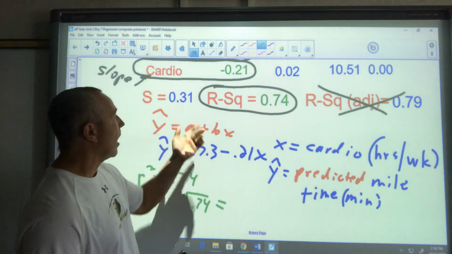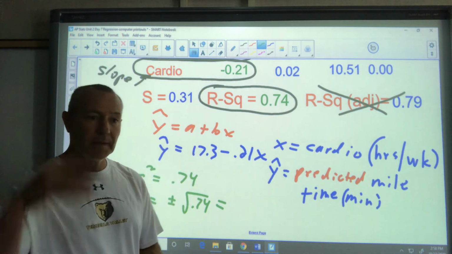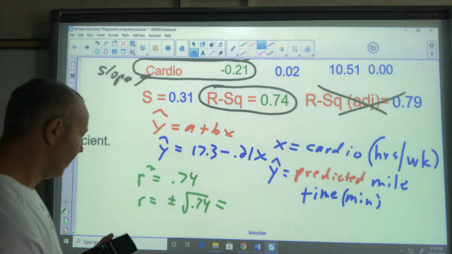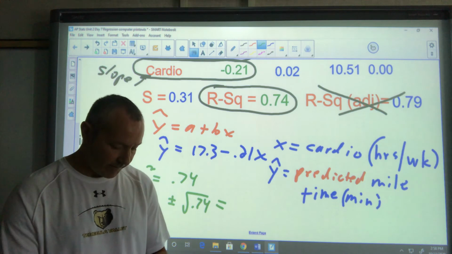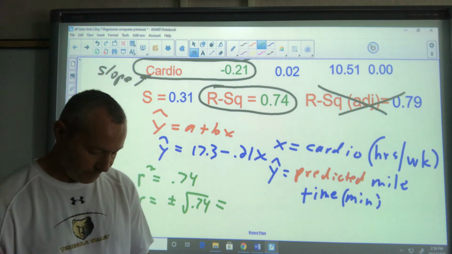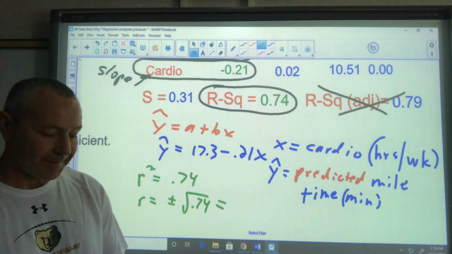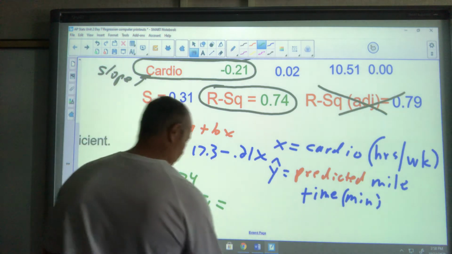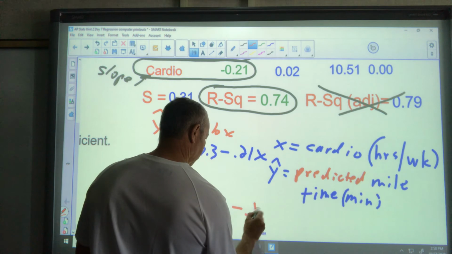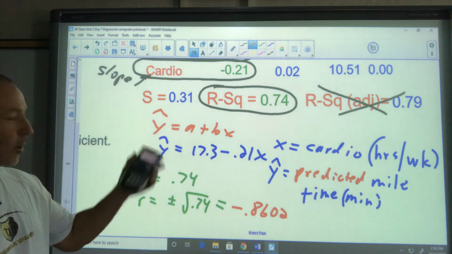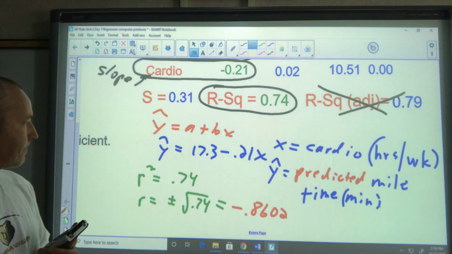In this case, our slope is negative 0.21, which is going downhill, so we have negative correlation and our r will be negative. Square root of 0.74 is 0.8602, and once again it's negative because our slope is negative. That's how I can tell.